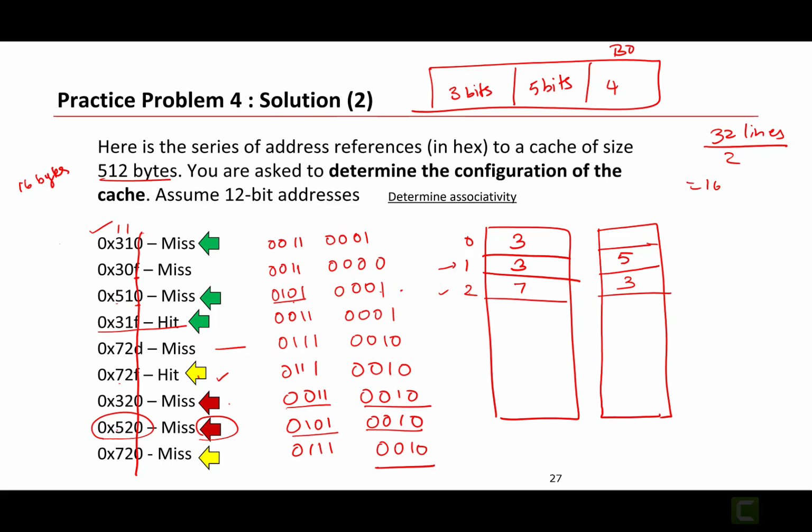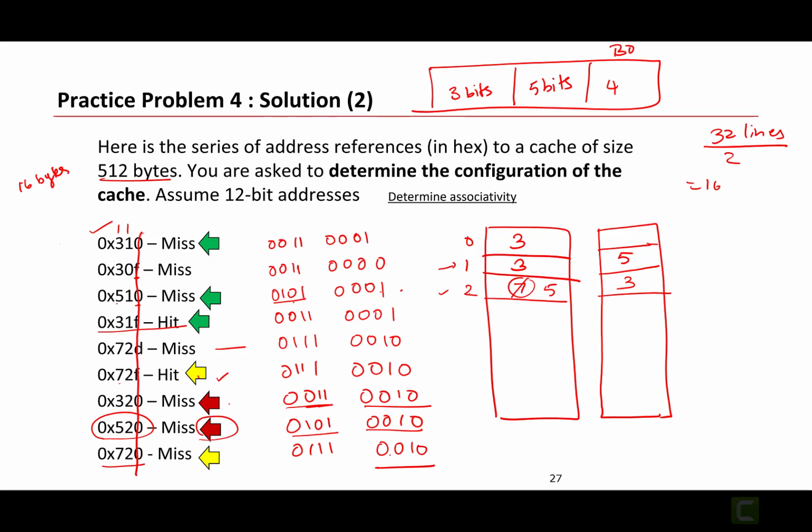So this means I have to evict a cache block. I have to evict the least recently used cache block from set 2. We just finished accessing the tag 3, so tag 7 is the least recently used, so I'll have to evict that, and I replace it with the new tag 5.